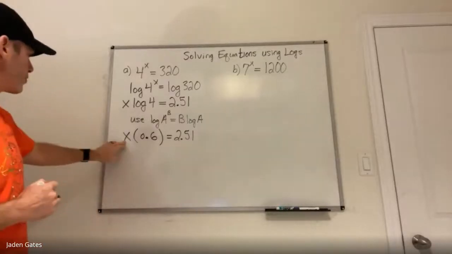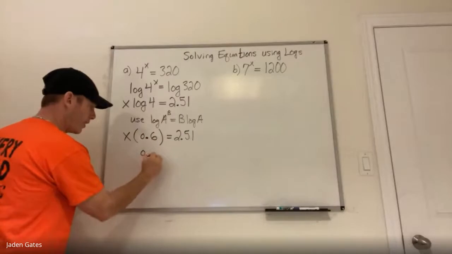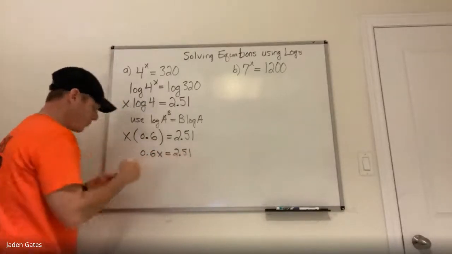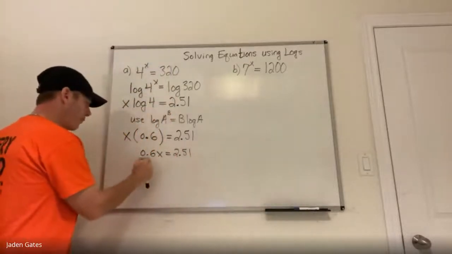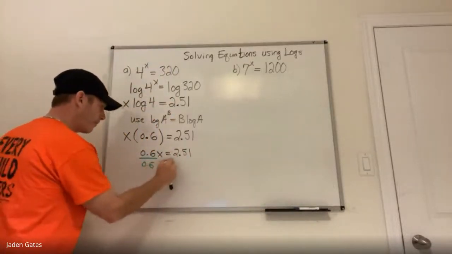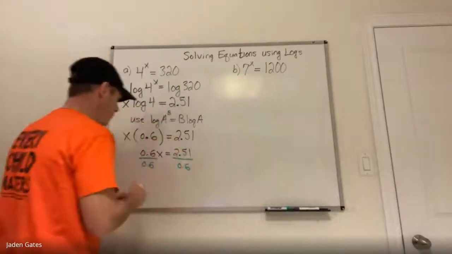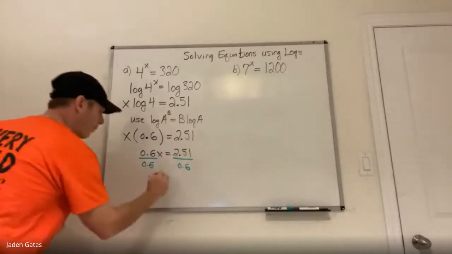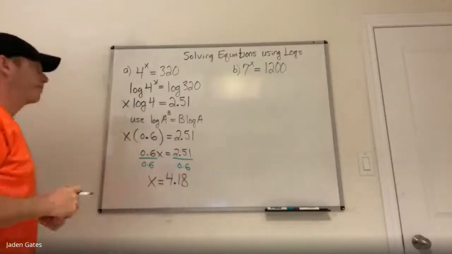I just want to solve for x. 0.6 times x equals 2.51. As you would always do in math, I divide by my numerical coefficient, and I get my x value to be 4.18. And there we go.